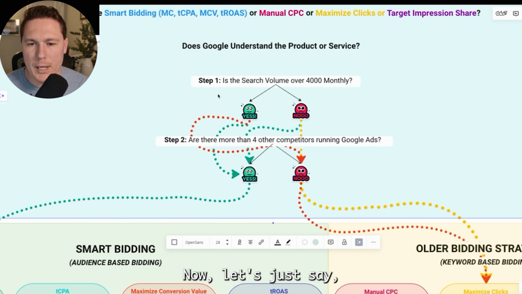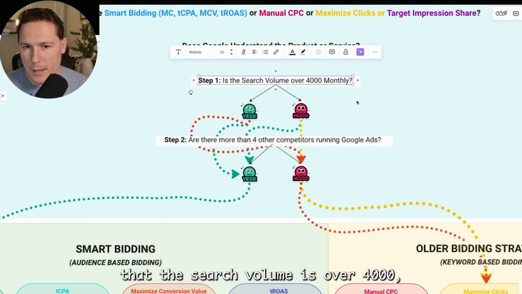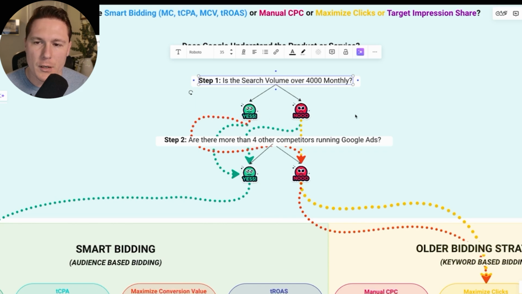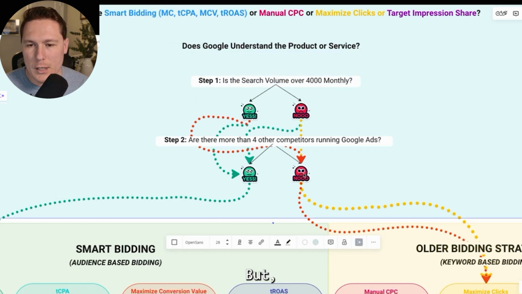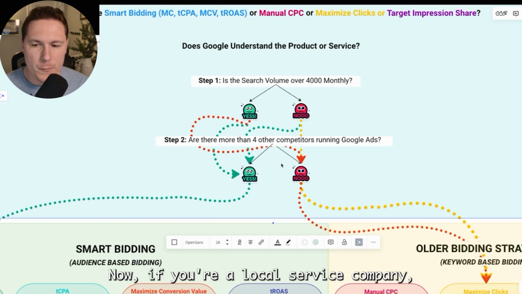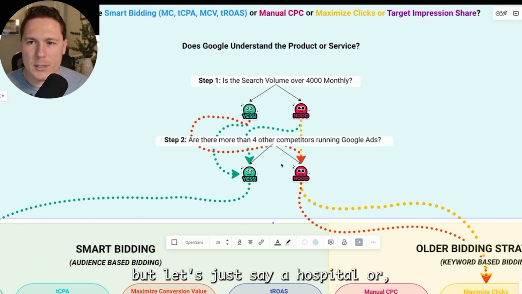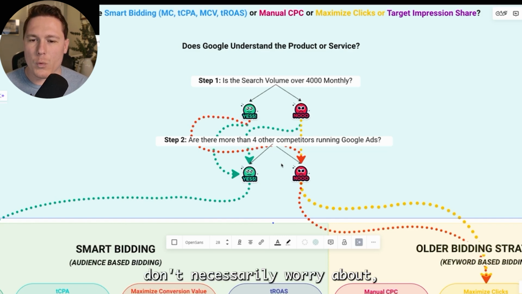Now, let's say, theoretically speaking, that the search volume is over 4,000 monthly, but there are not 4 other competitors running Google Ads. If you're a local service company, let's say a hospital or a plumber, don't necessarily worry about it.